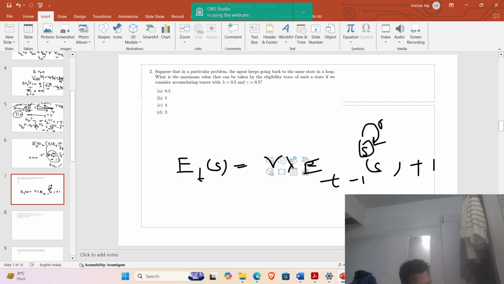So this is the only state, this is the desirable state, so you keep adding 1 here. So what is the maximum value that can be taken by the eligibility trace? How can you find out?